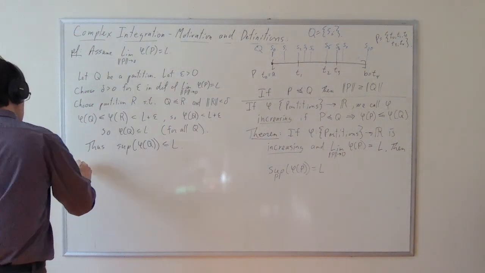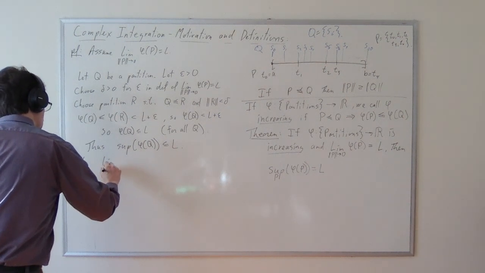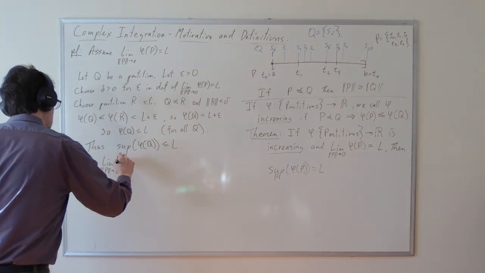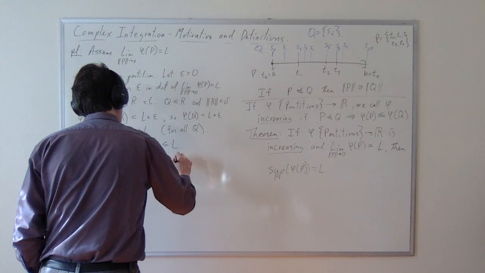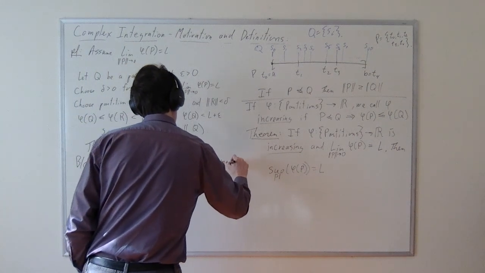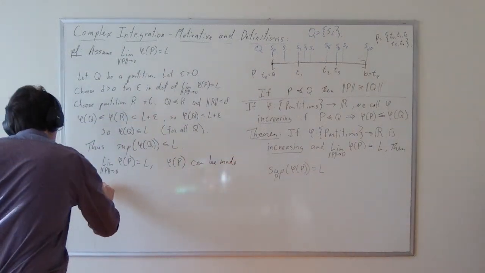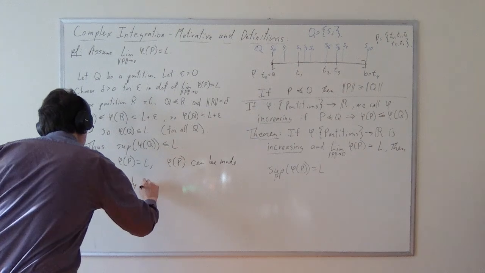Now, because the limit as the partition norm goes to 0 of phi of P equals L, phi of P can be made arbitrarily close to L by the definition of the limit again.